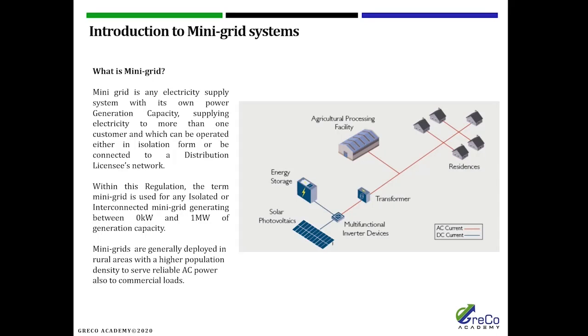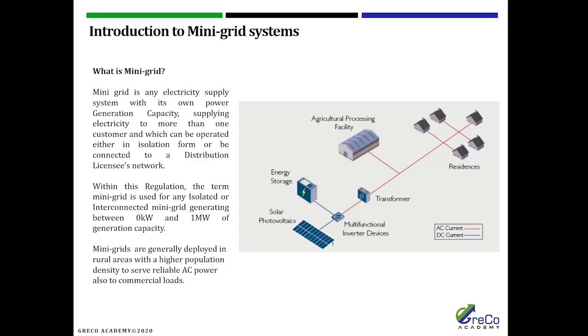As we can see from the diagram here, a solar PV system is supplying electricity to residences and also to a commercial agri-processing facility through our multifunctional inverter system and energy storage.